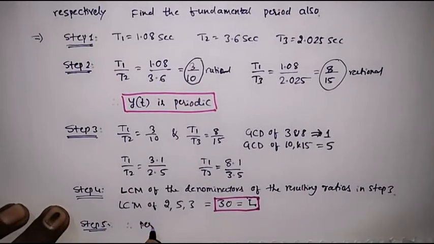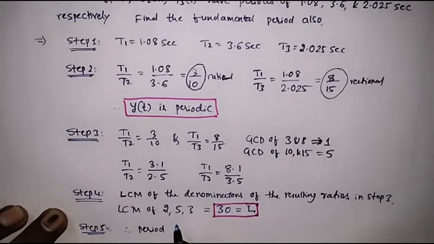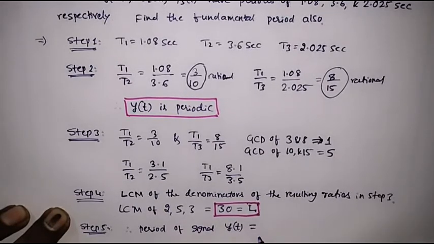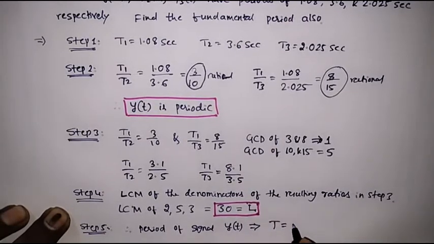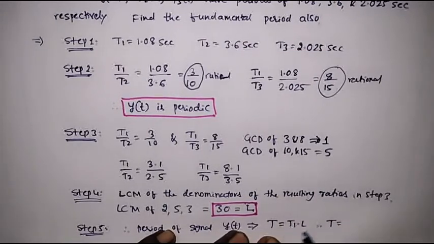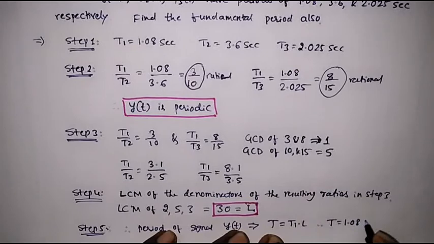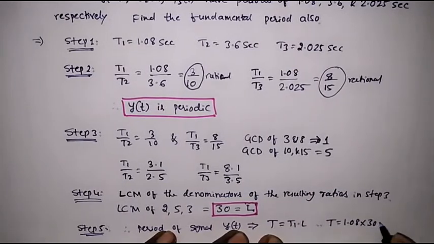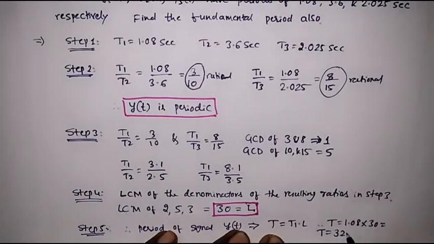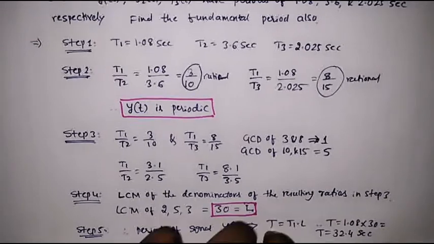Therefore the period of signal y of t, that is the sum of signals, T is equal to T1 into L, therefore T is equal to, T1 value is 1.08, into L value is 30, which is equal to 32.4 seconds.